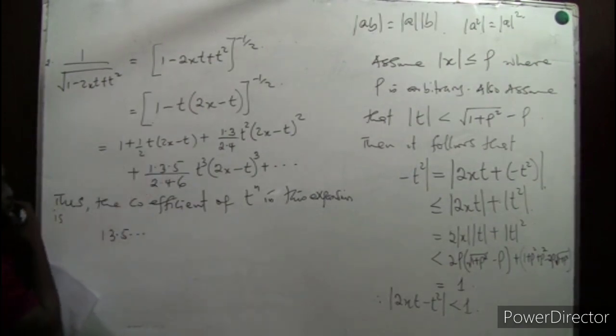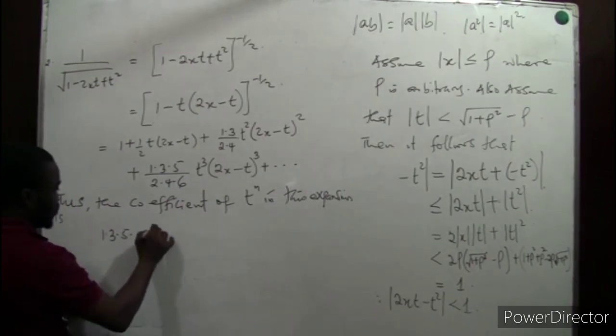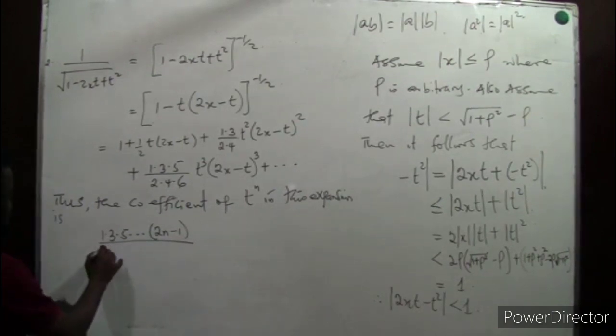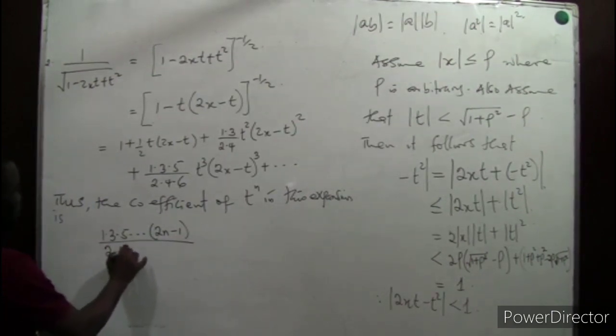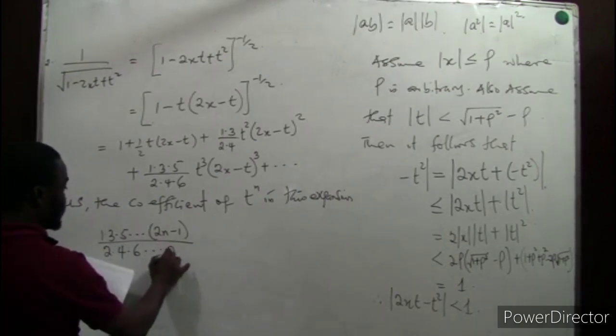The numerators contain only odd terms up to 2n minus 1, divided by the denominator, the even terms 2, 4, 6, continuing until we have 2n.